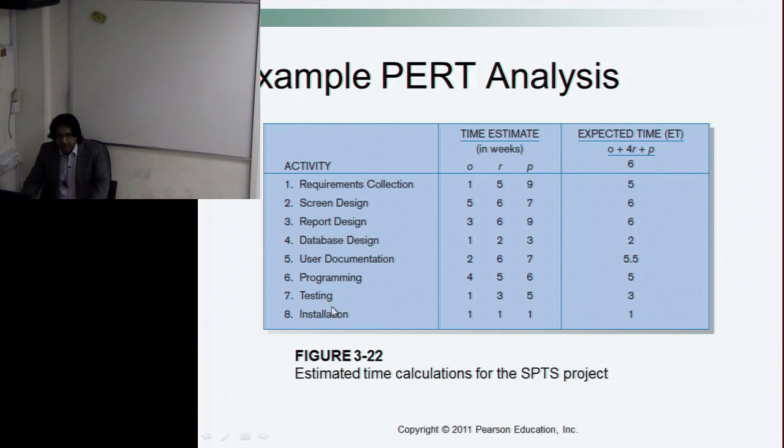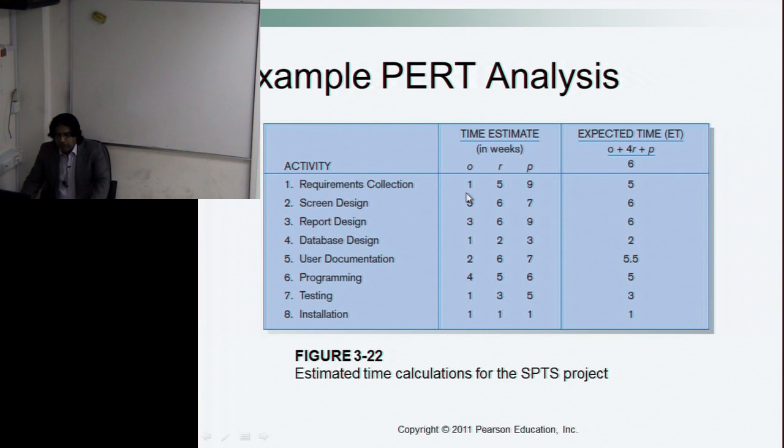All these activities are representing the systems development life cycle, or some of the activities among the systems life cycle. Now in the second column you can see that a time estimate is given in weeks, and you can see 3 further columns here where this is optimistic time.